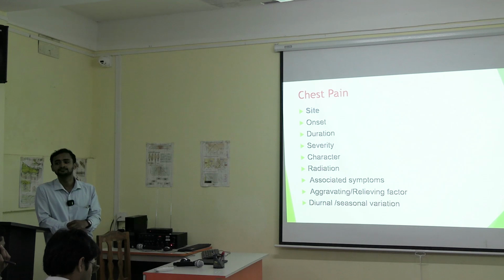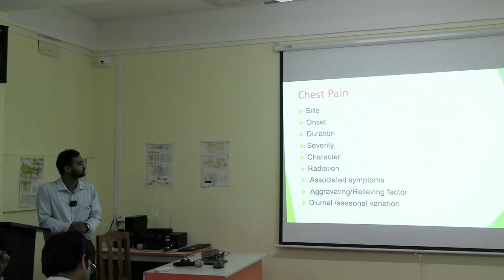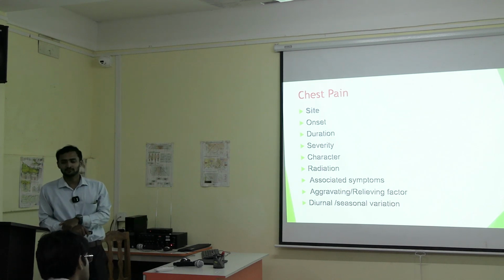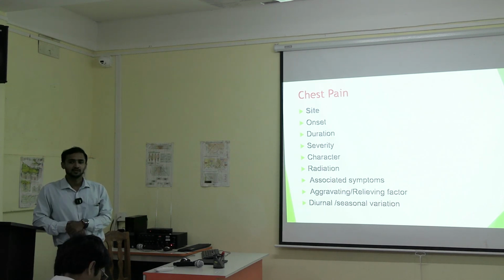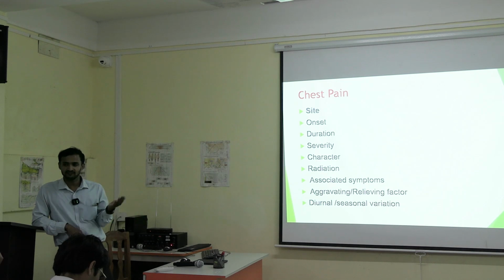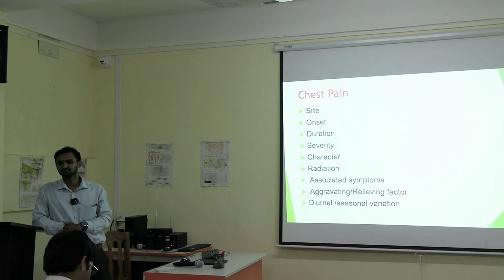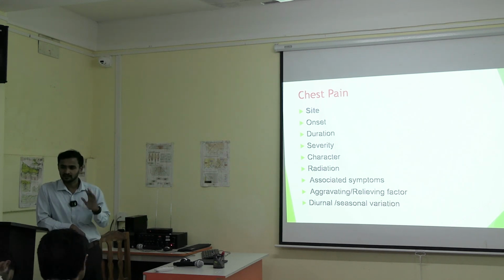Then T, what is T? Here one is aggravating factors and one is relieving factors, so this will come here. E is for, so here aggravating and relieving factors will come.